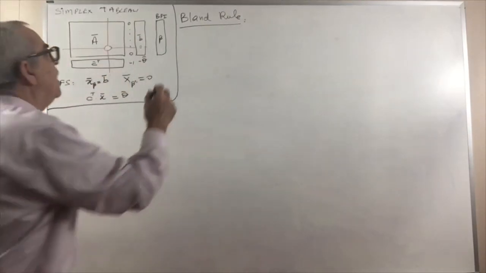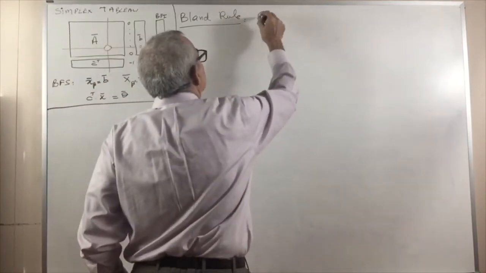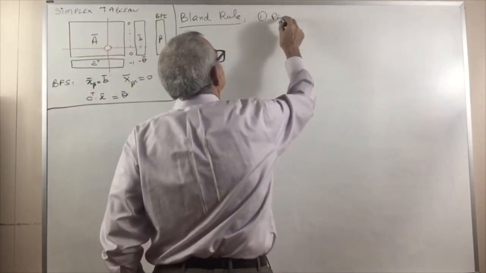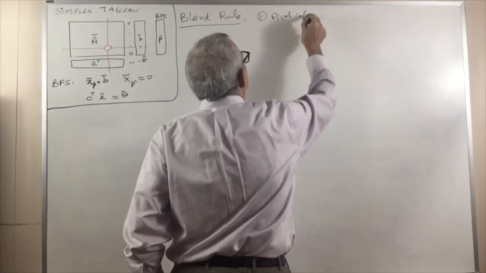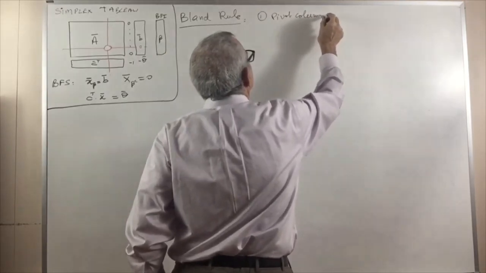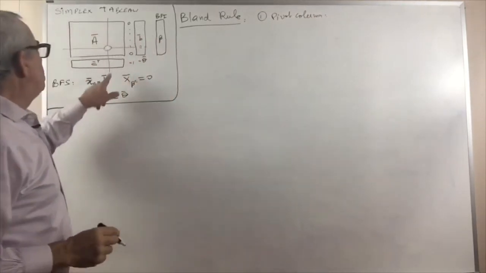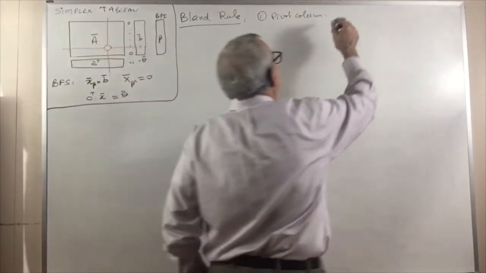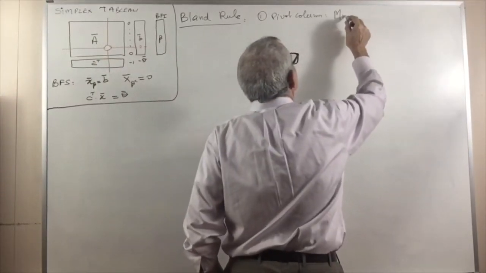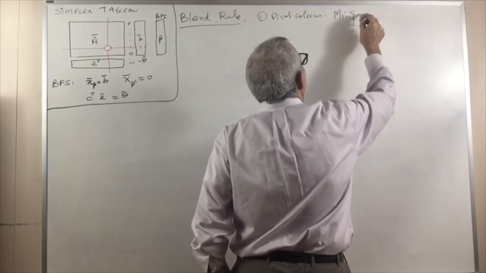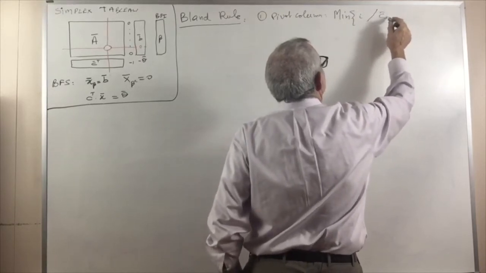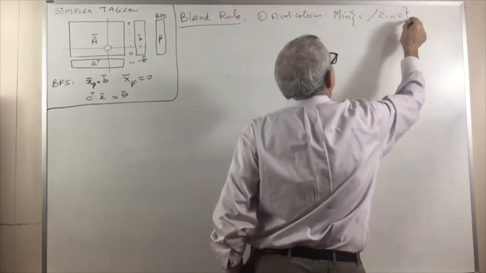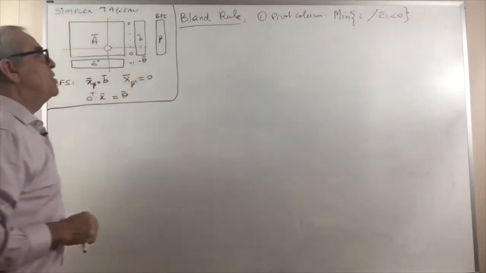So, the pivot column: how to select the pivot column is we take the minimum of i such that C bar i is negative. Okay, that's the pivot column.